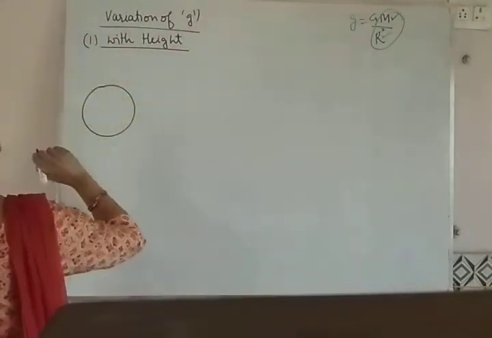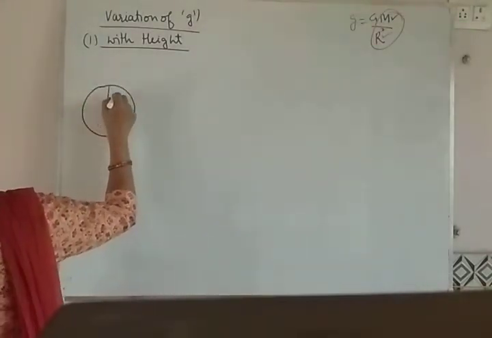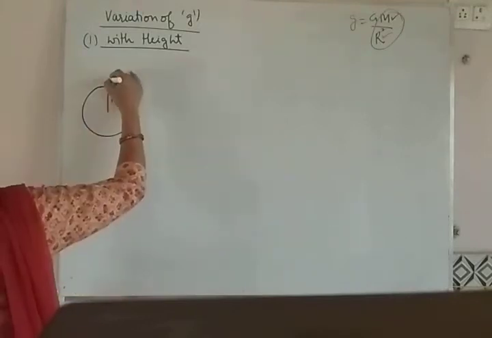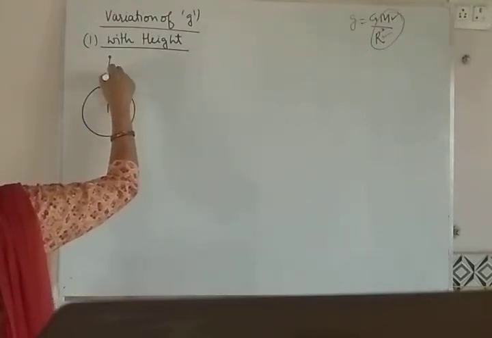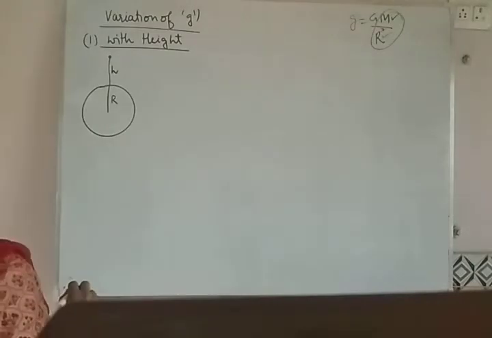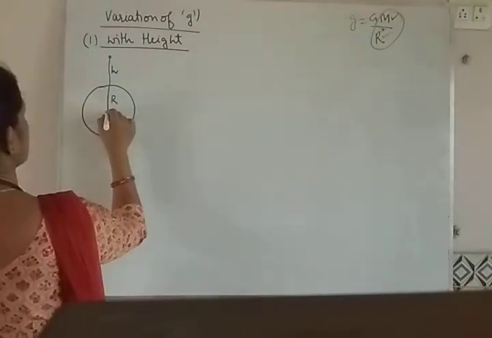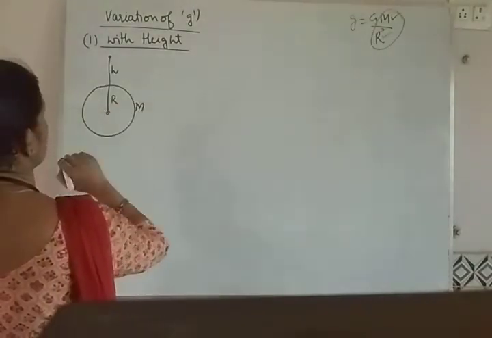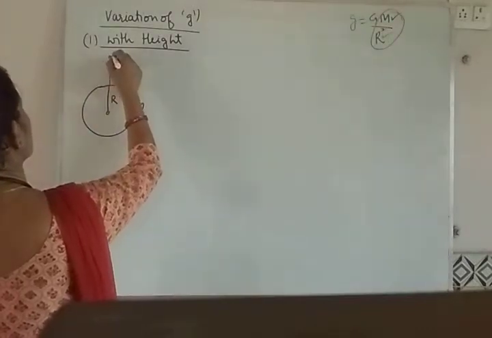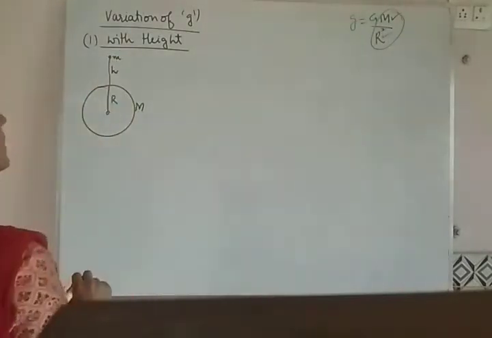Suppose this is Earth, r is the radius of Earth, and any object is placed at some height h from the surface of Earth. This Earth has mass capital M and this object has mass m.